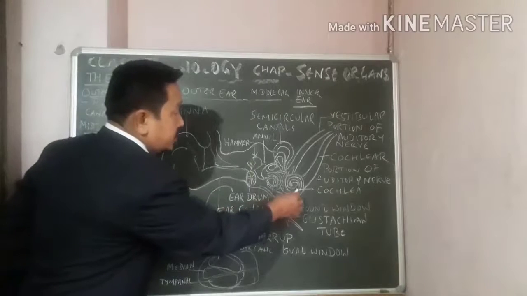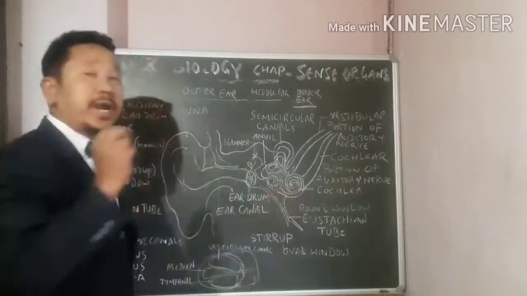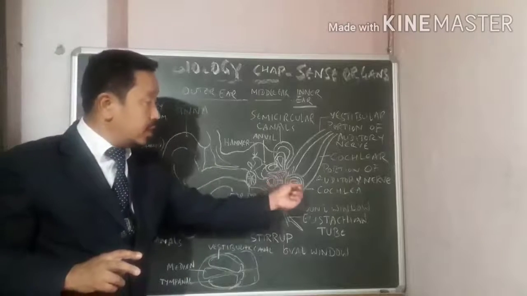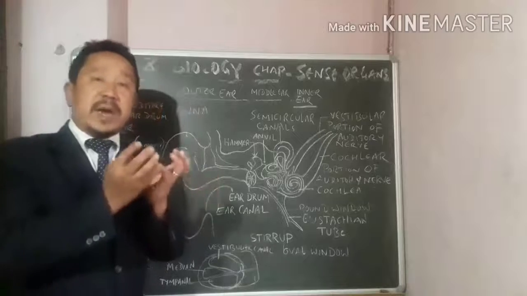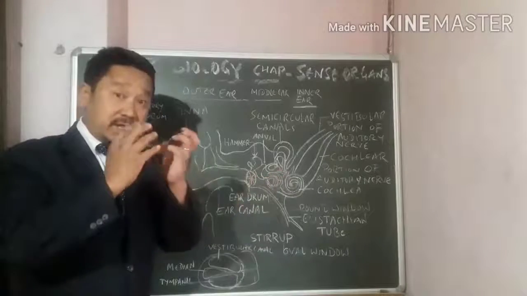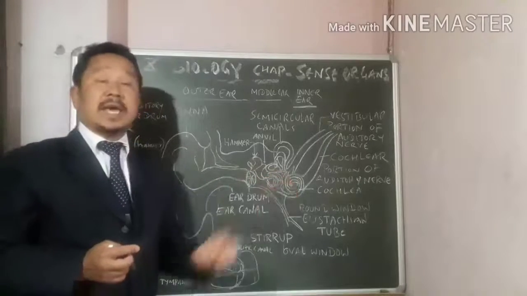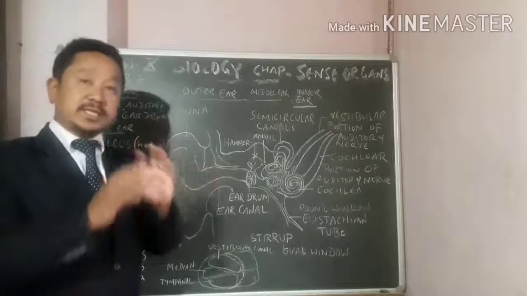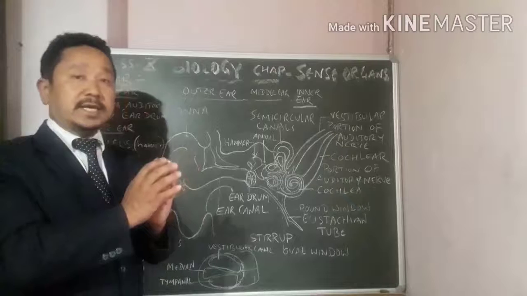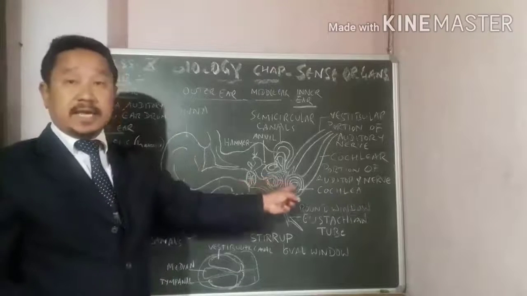You see 1, 2, 2.5 turns out here. So they are spiral shaped, something like a snail's shell, S-H-E-L-L. It looks like that.